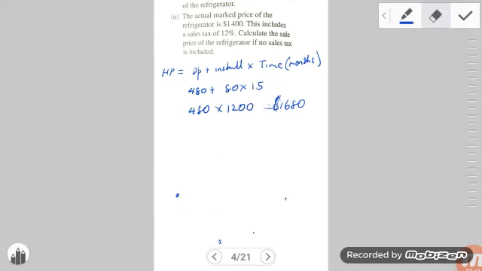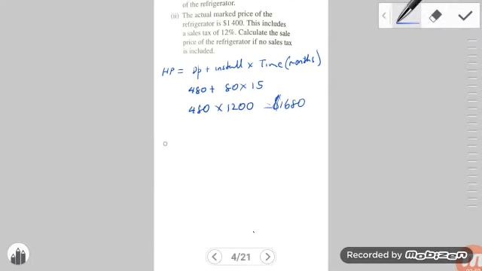Let's look at it another way. We know that 112% is equal to 1,400. Okay? And how are we getting this 112%, you may be asking.